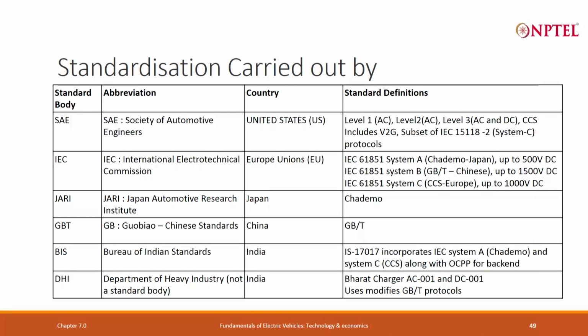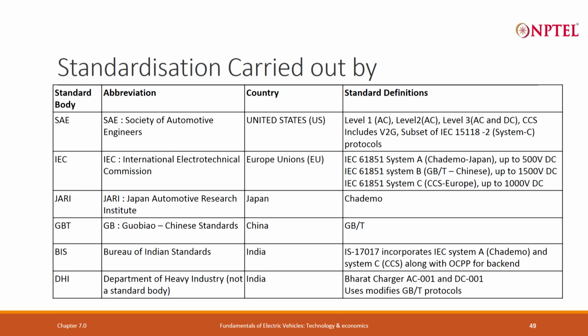So if we talk about system A, that follows, whenever we are talking about IEC 61851 as a standard, we are essentially talking about all the DC standards. We are not talking about AC standards here. Okay. AC standards, as far as the standardization is concerned, are specified in SAE standardization, and also given by BIS and DHI, that some things are there.